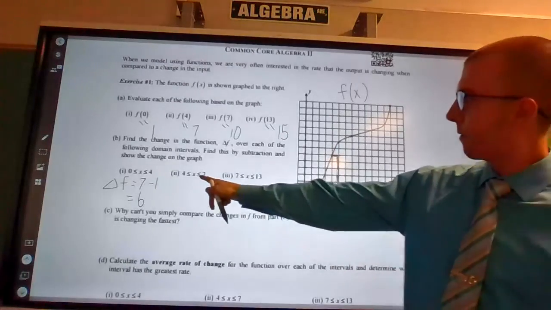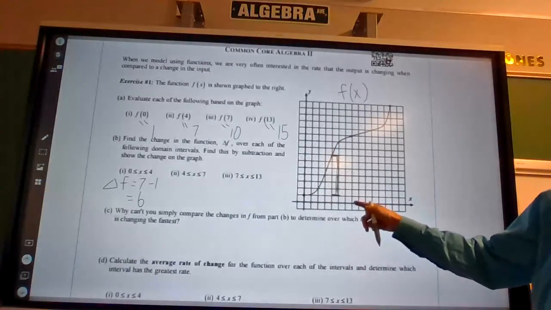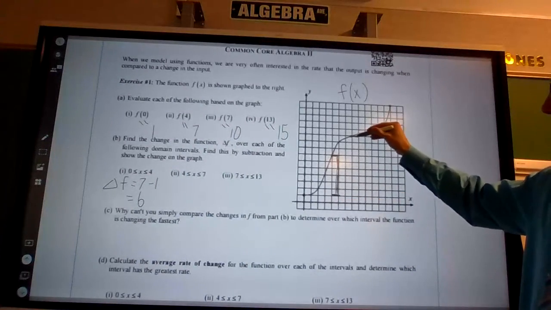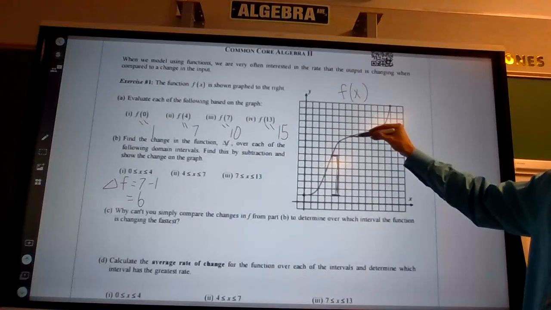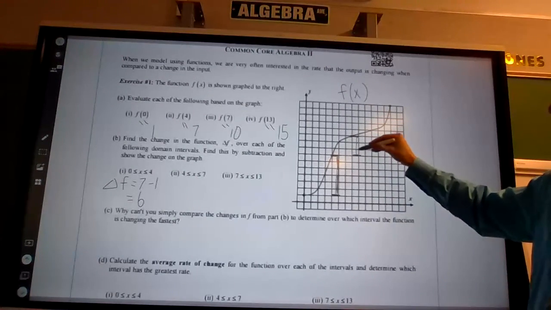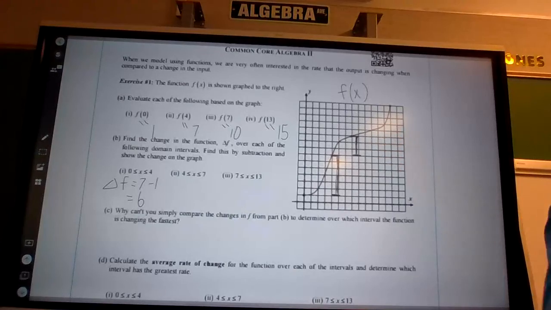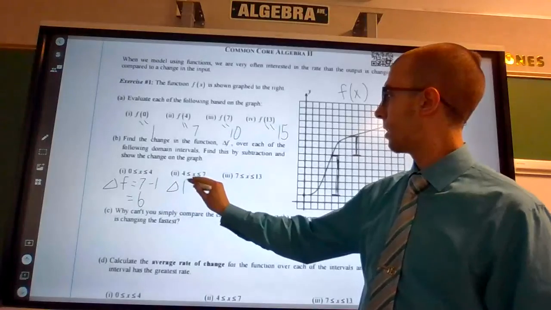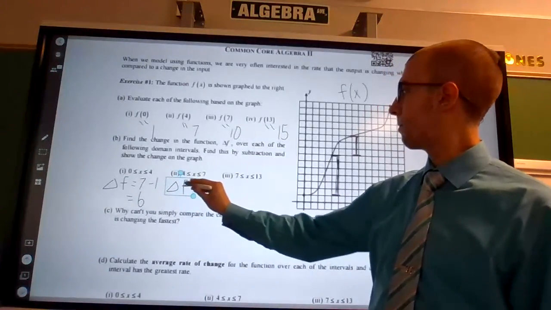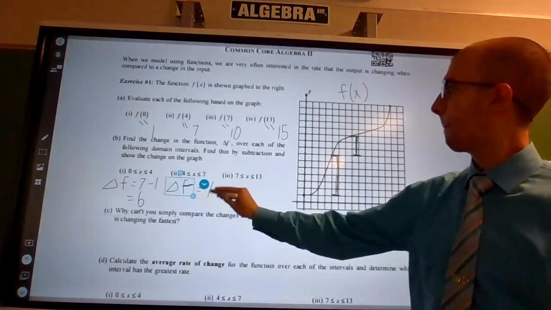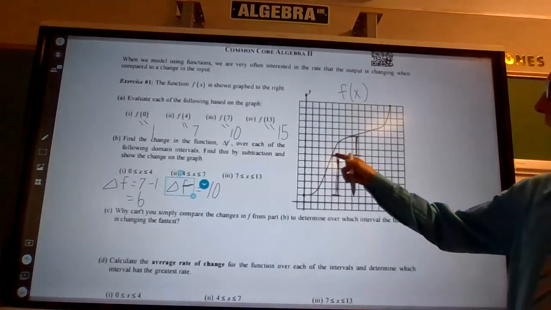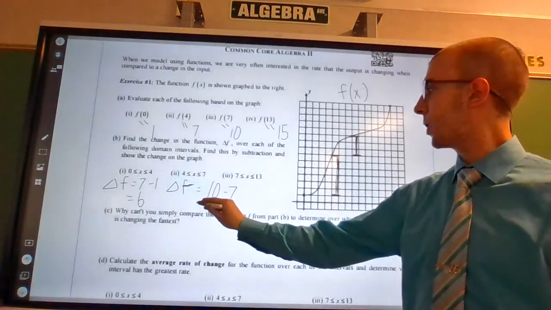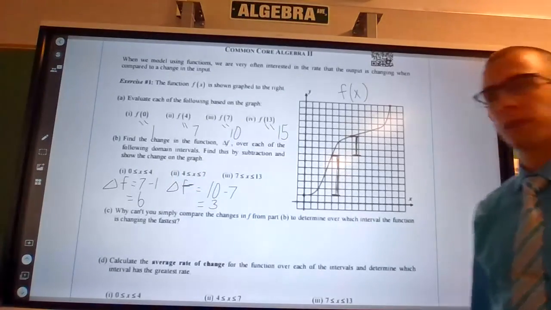And then we're looking at the interval from 4 to 7. From 4 to 7. So where did our function end? It ended up here, and it started right there. So at the end of that interval, our function was equal to 10. And at the beginning of the interval, our function was equal to 7. So the change in the function then is 10 minus 7, which is equal to 3.